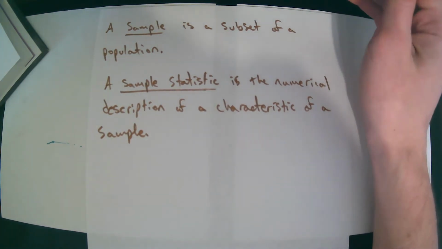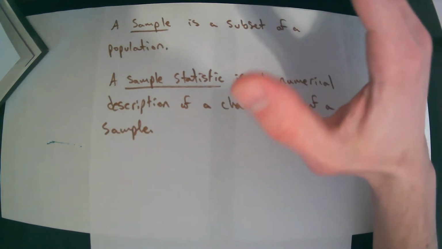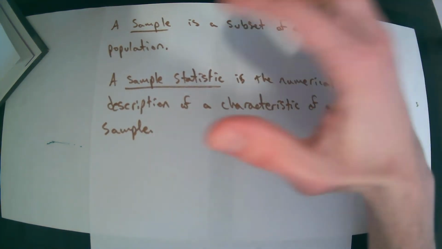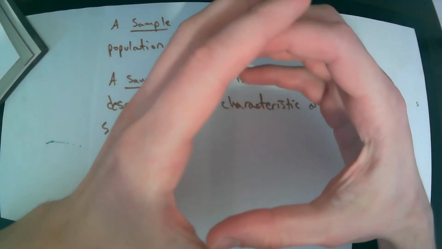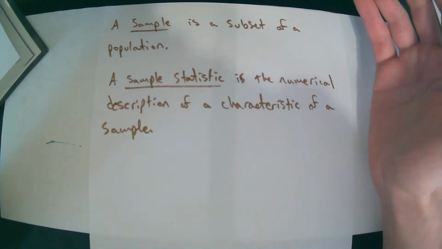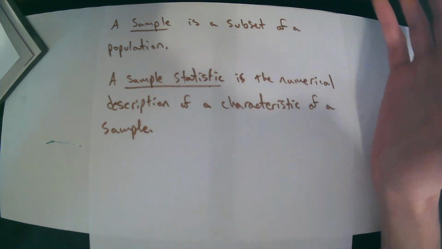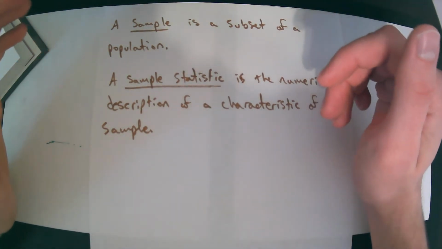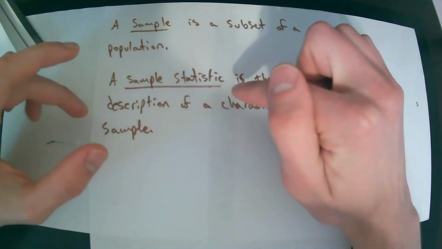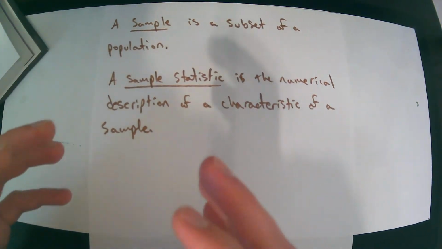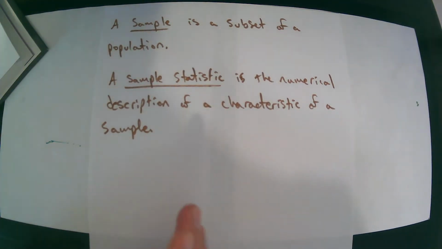Now, I don't know if they speak Turkish elsewhere, but anyways, what if we picked a sample, a subset of the population, and for the sample we just zoomed in on some other country, Iran, where maybe not as many people speak Turkish? So we measure the sample statistic, the same description, the number of people that speak Turkish, and we would find it to be much lower. So the population parameter and the sample statistic, even if they're measuring the same thing, will probably not be equal.